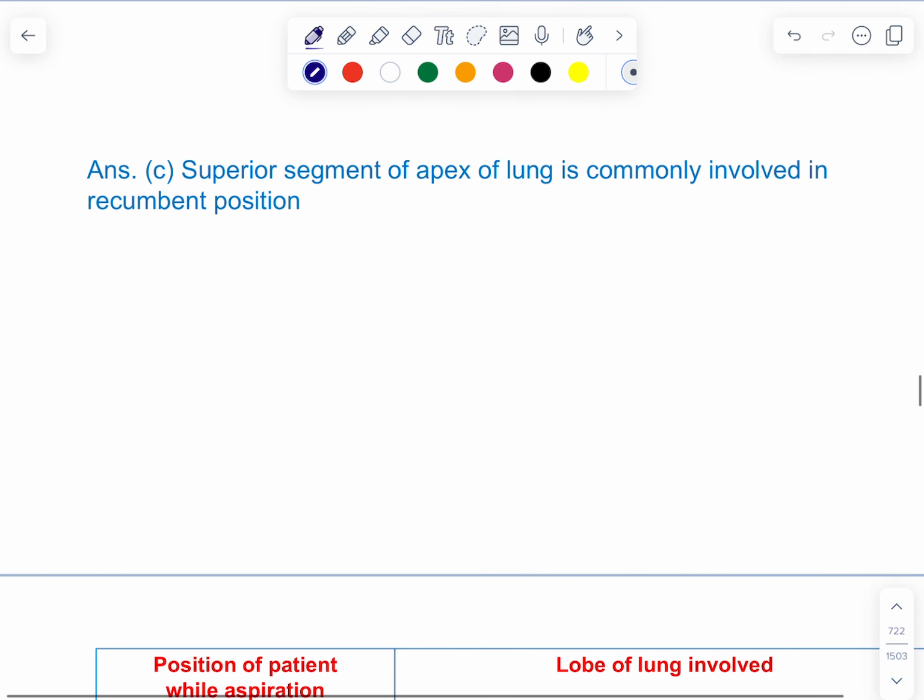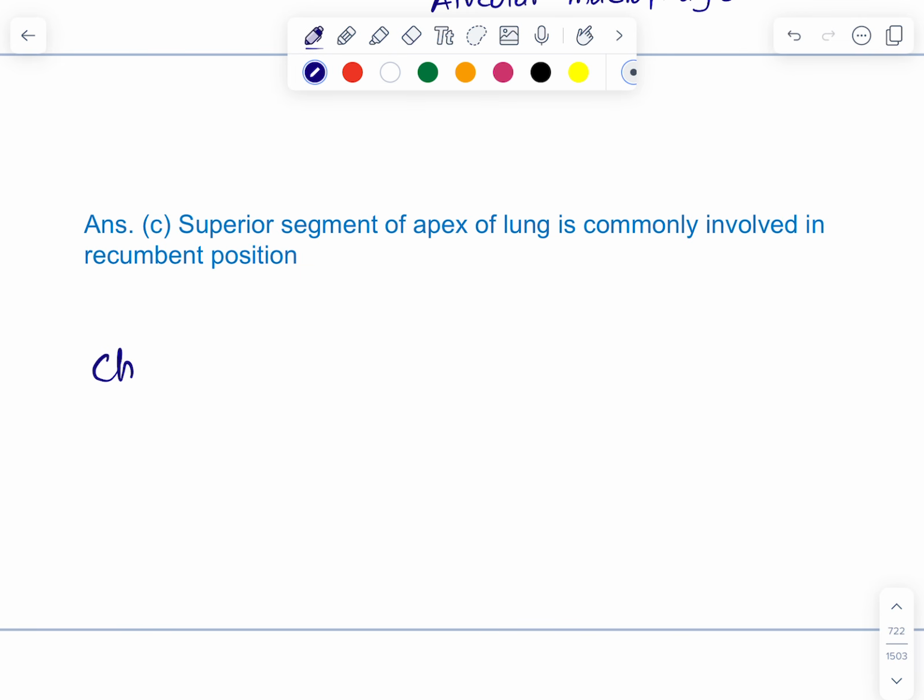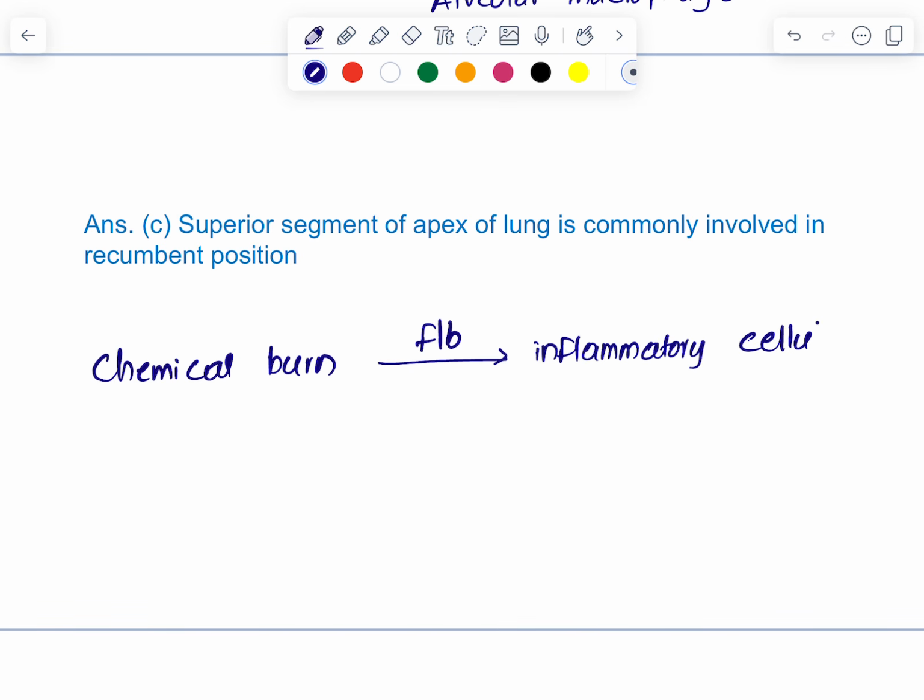That chemical burn secondary to the acid will be followed by an inflammatory cellular reaction, right?